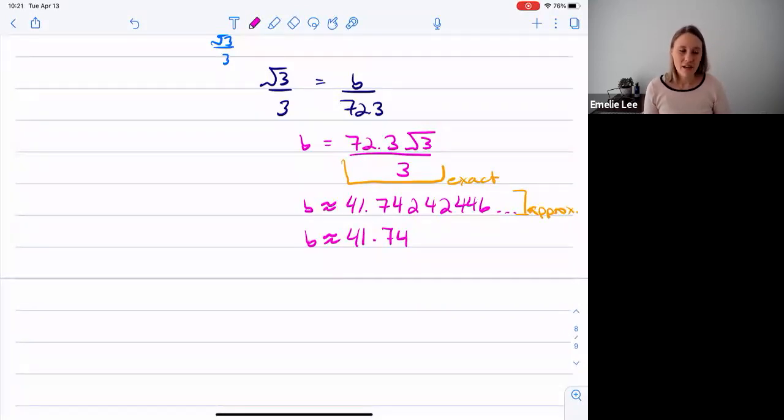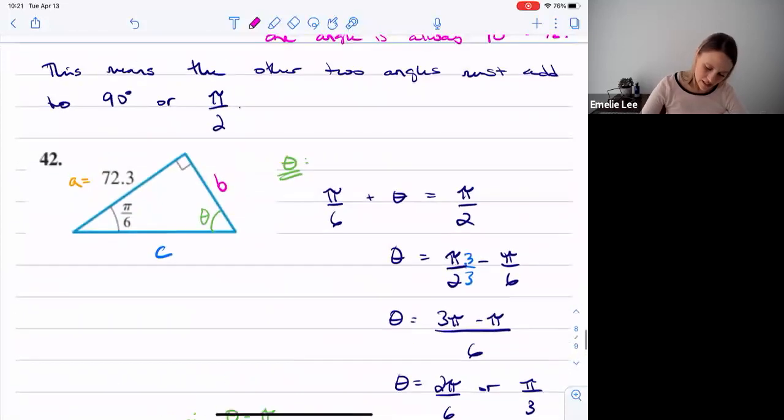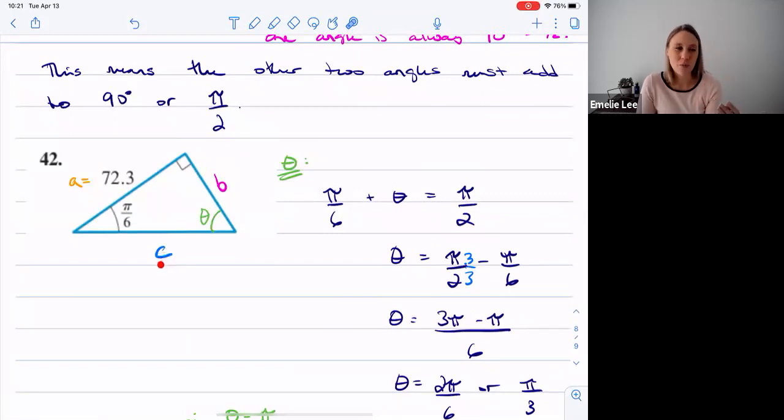There's only one thing left to solve for, and that's C. So we have B, it's 41.74. I know theta is pi over 3, and I know C. There are lots of different ways that I could find C. I am going to use the Pythagorean Theorem: 72.3 squared plus 41.74 squared must be C squared.